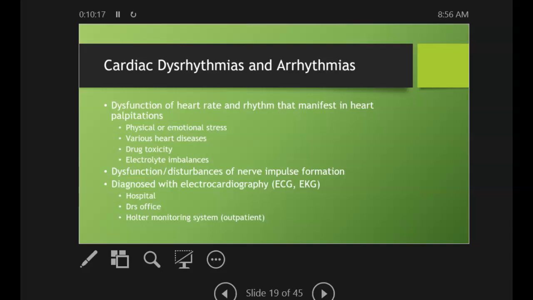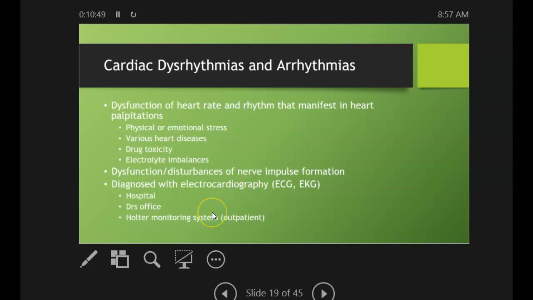Diseased hearts develop dysrhythmias directly associated with cardiovascular disease, most commonly valvular heart disease, arteriosclerotic heart disease, or coronary artery disease. In some cases, a cardiac dysrhythmia may develop in response to drug toxicities and electrolyte imbalances. So we, of course, want to mitigate stress in our patients during appointments.